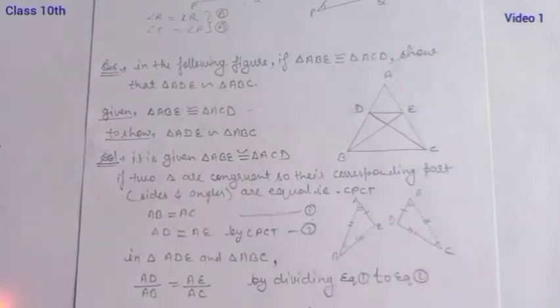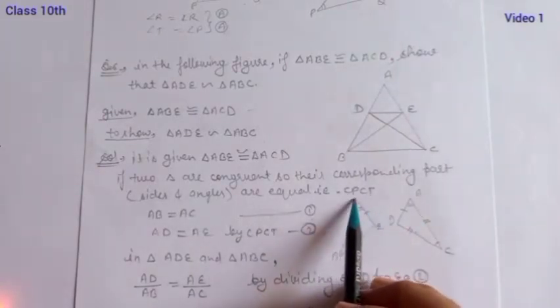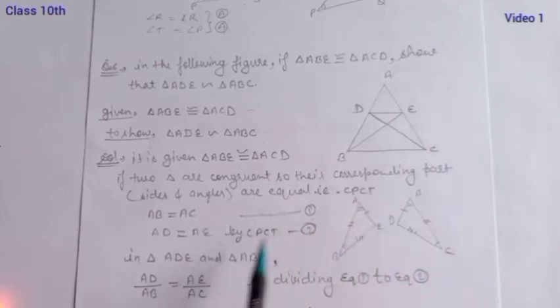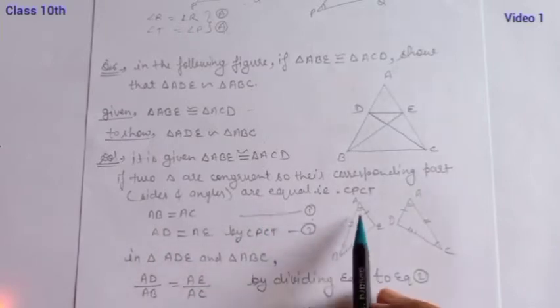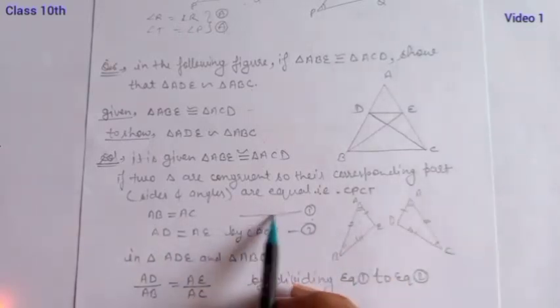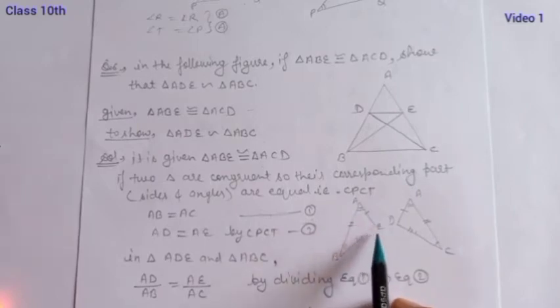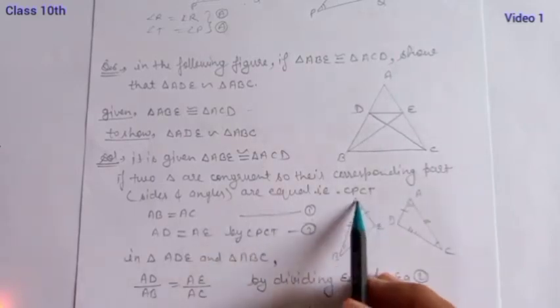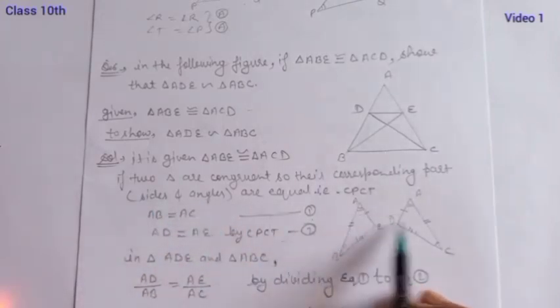The corresponding parts are also equal. We also call it CPCT, corresponding parts of congruent triangles. So by this theorem, AB is equal to AC, mark it as equation 1, and AD is equal to AE by CPCT, mark it as equation 2. We did this because it is given that both triangles are congruent.